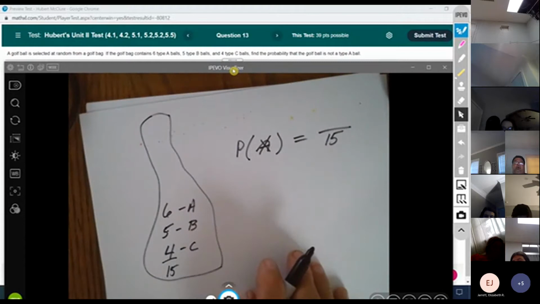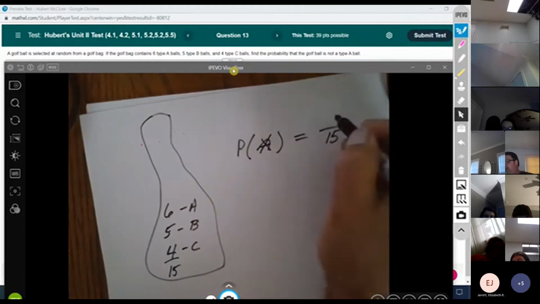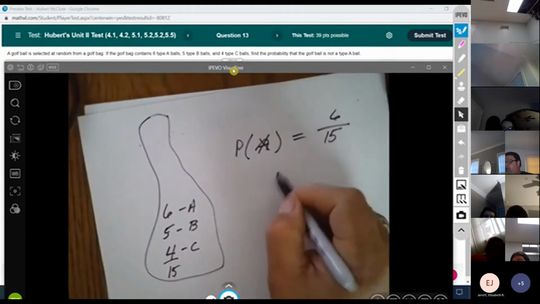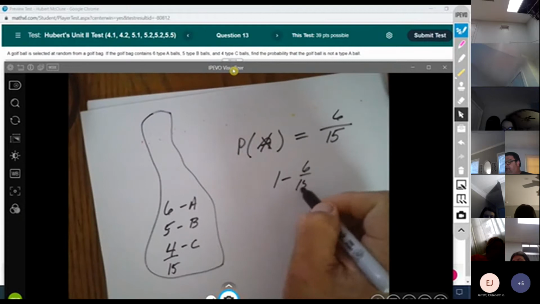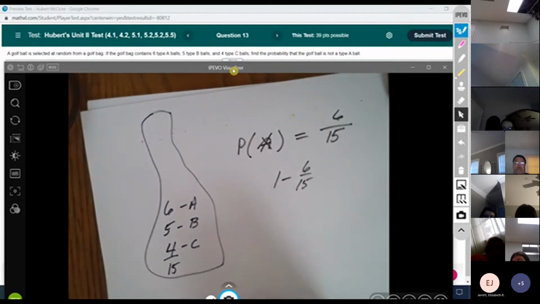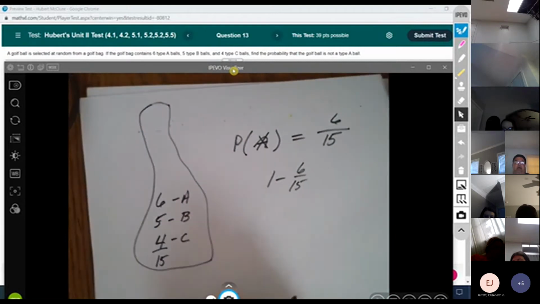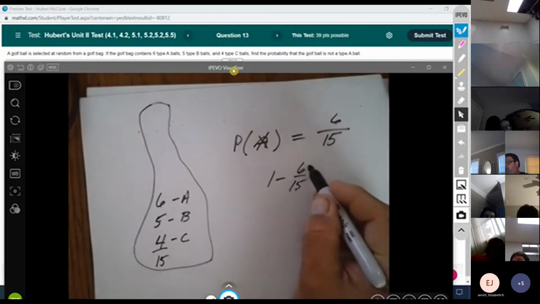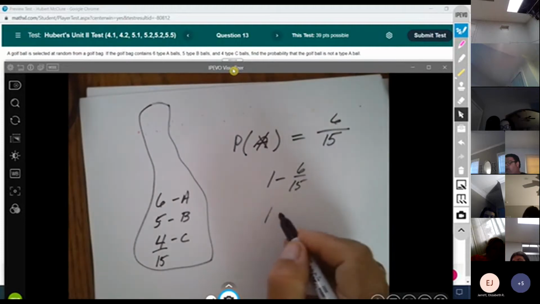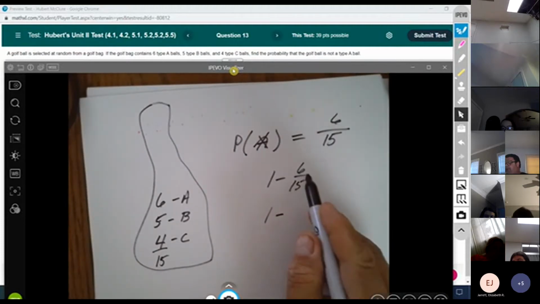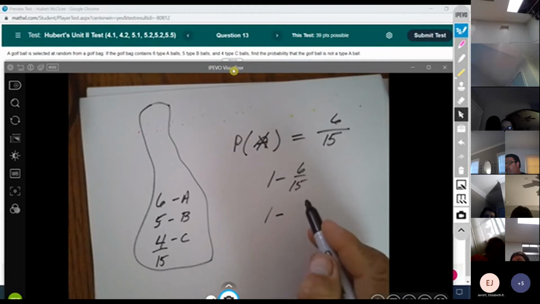Now you could do it 2 ways. You could do 6 out of 15, and then 1 minus 6 over 15. Or you could do 5 plus 4 over 15. Whichever one you want to do, it really doesn't matter. So that'll be 3/5. 1 minus 3/5, which is 6.